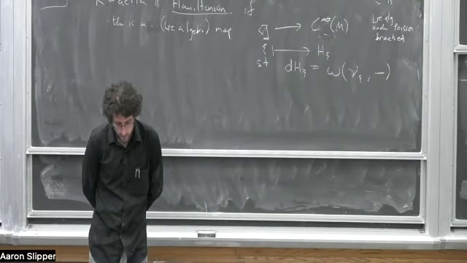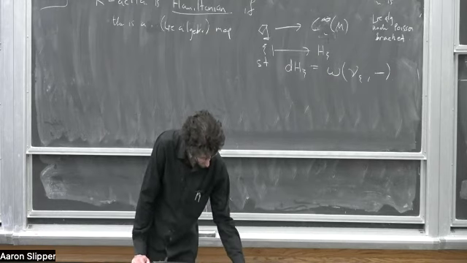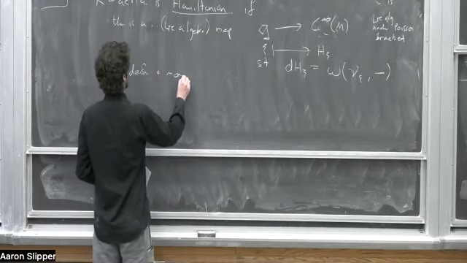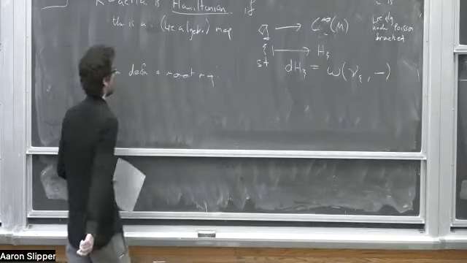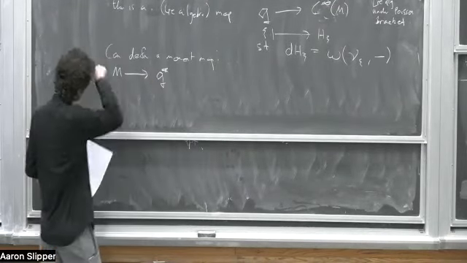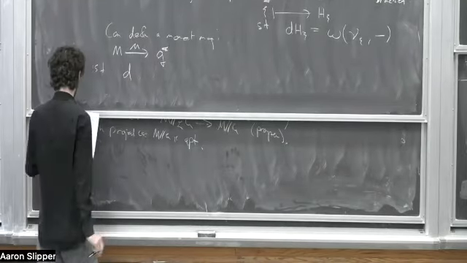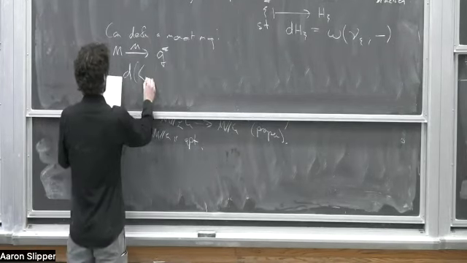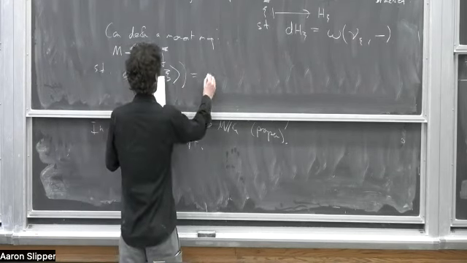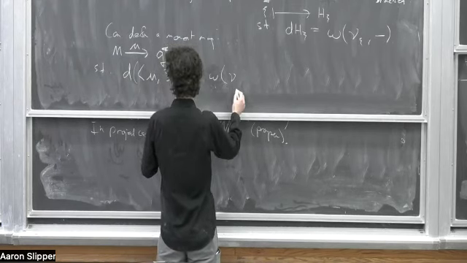And given this, we can define a moment map mu such that d of h_xi is equal to omega of psi.